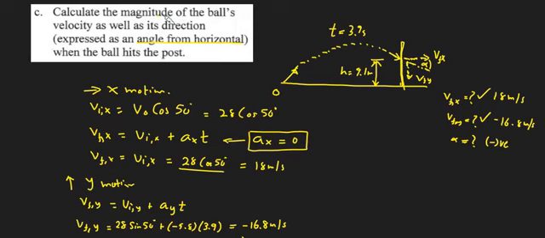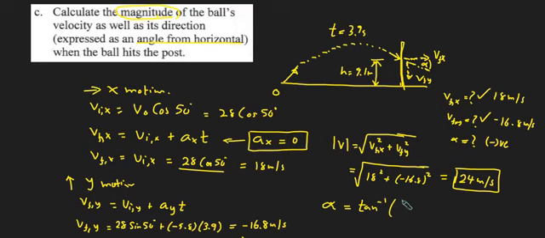Now the angle alpha, you can simply use the inverse tangent of the final velocity in the y direction divided by the final velocity in the x direction. This gives you inverse tangent of minus 16.8 divided by 18, and you get a negative value for the angle, minus 43 degrees. That means the angle is below the horizontal.